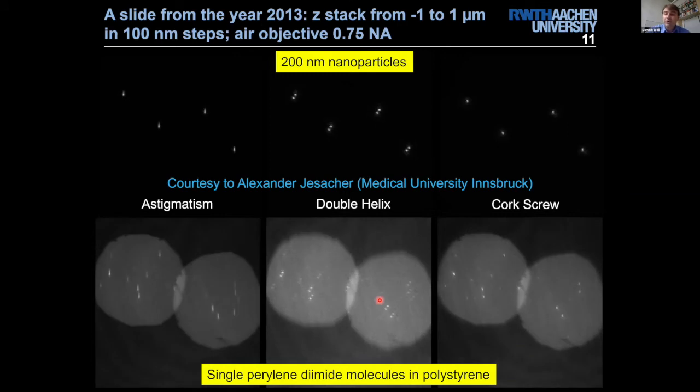And why I show you this is the following. First of all, I must say it took us really time to get this all working. And in the end, it was not all that optimized, because we had to fight a lot with aberrations. This was the time when I learned what aberrations are and that they can be really nasty.